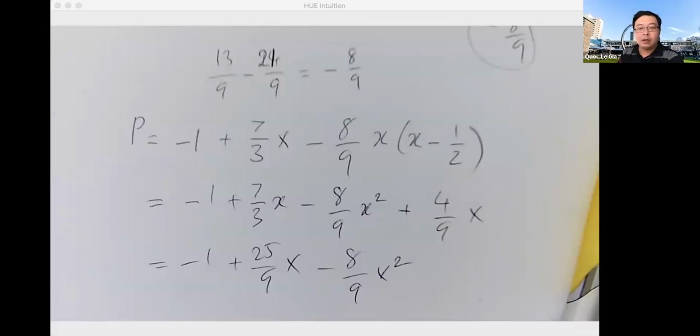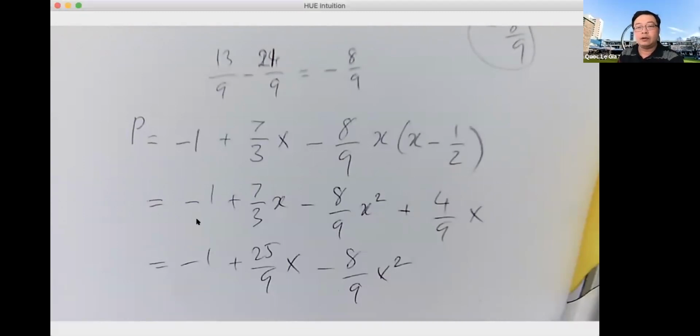If you use the Newton method, divided difference, then you get this polynomial. And if you use Lagrange, then you get some polynomials, but when you expand it, it will be the same. Okay, so I leave it for you to check. I mean, you have to make sure that your calculation is correct.